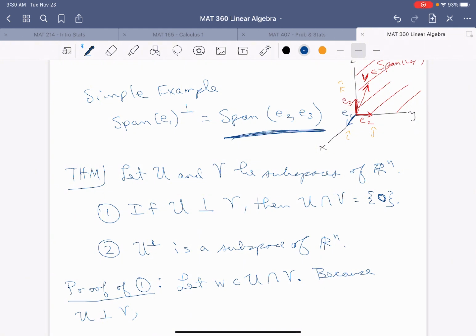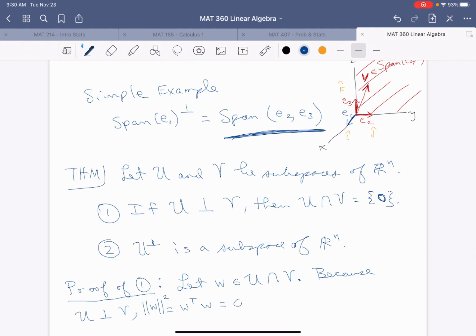Well, W, by definition, is an element of U, and it is also an element of V. So because we picked this vector out of the intersection of those two, the dot product of W with itself must be 0. Well, remember that the dot product of a vector with itself gives its length squared.